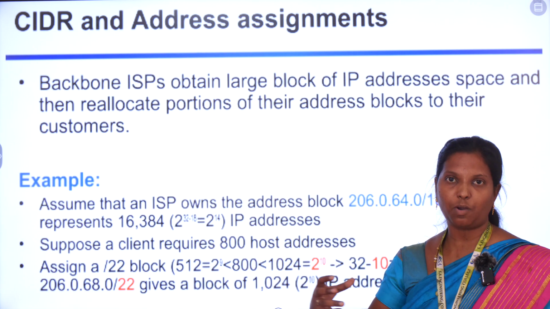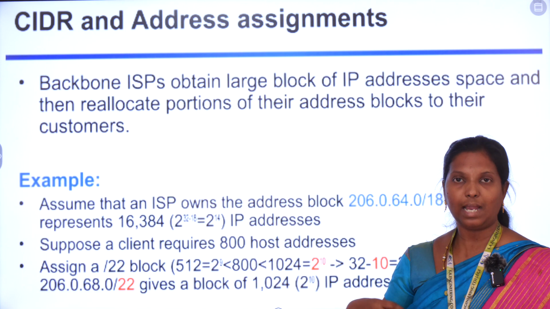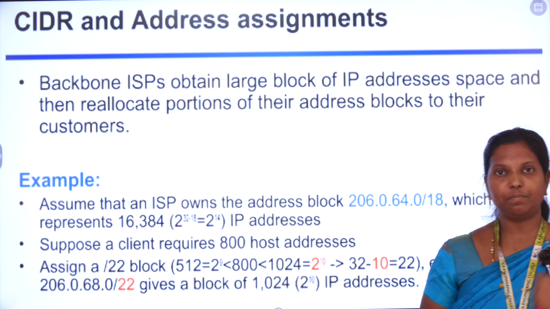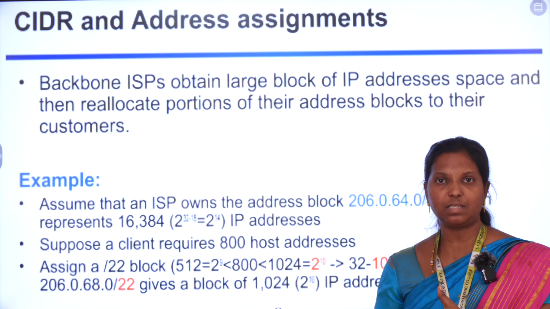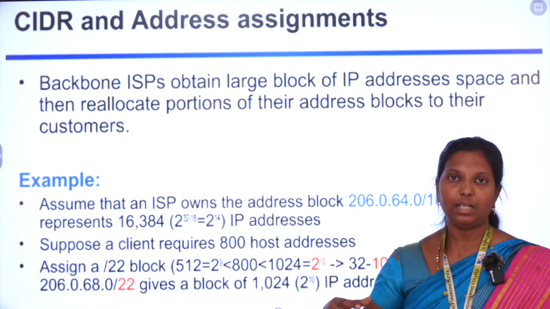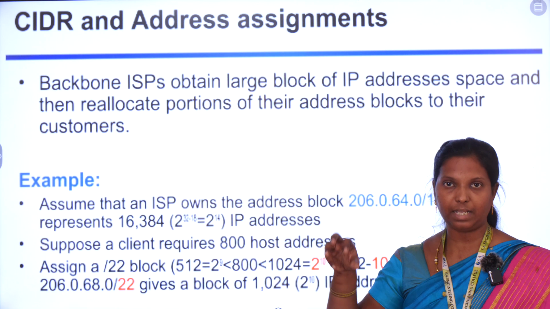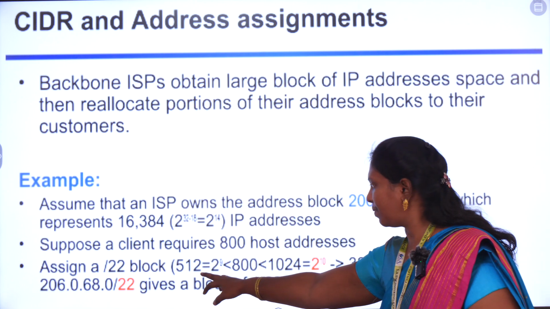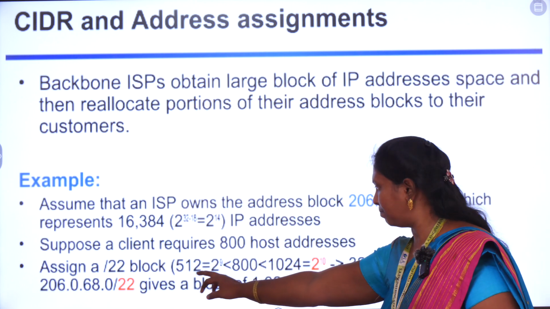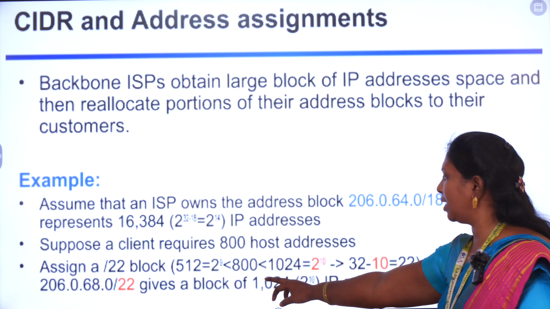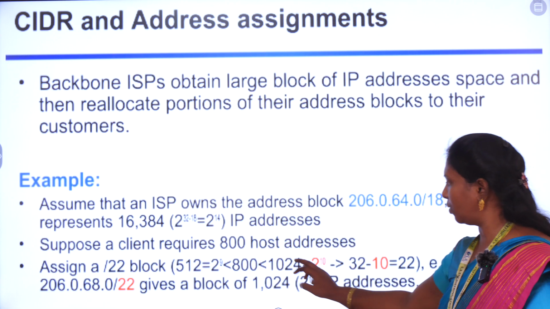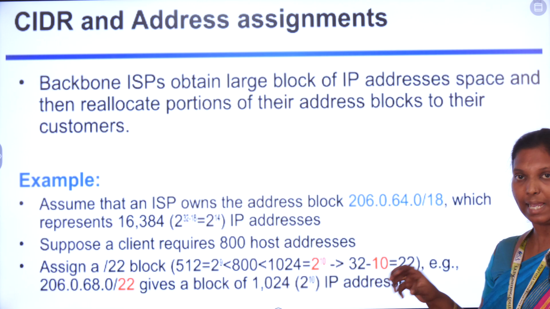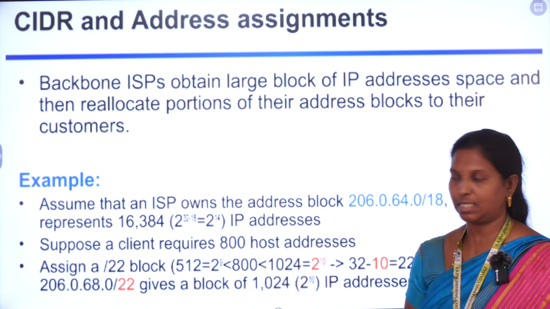Each block takes care of the routers and segregates the IP addresses, so that when the internet goes to reach www.amazon.com at a particular IP, instead of going to the router table, subnetting and CIDR take responsibility. So this /22 block will encompass 512 nodes, where 2 to the power 9 is less than or equal to 2 to the power 10 levels of IP addresses that can be concluded with this block size.